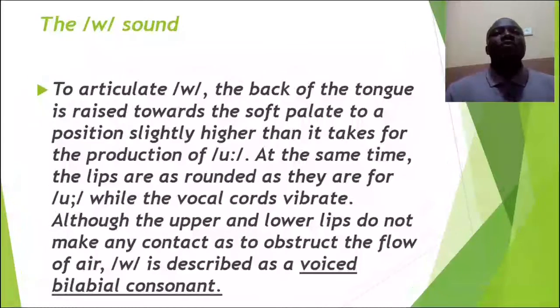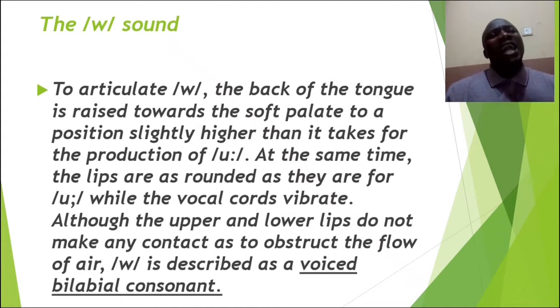To articulate /w/, the back of the tongue is raised towards the soft palate, to a position slightly higher than it takes for the production of /u/. At the same time, the lips are as rounded as they are for /u/, while the vocal cord vibrates.